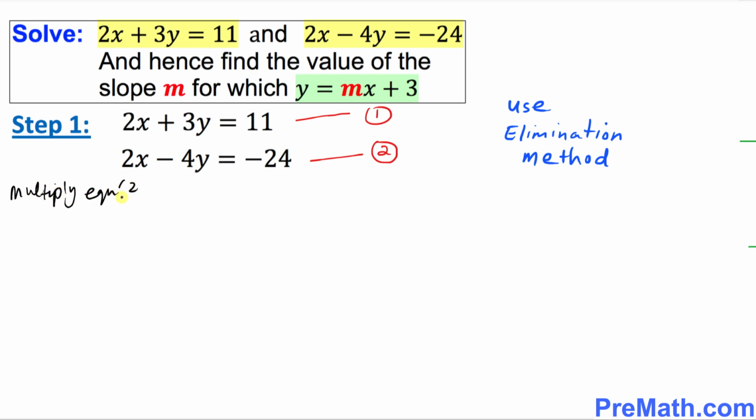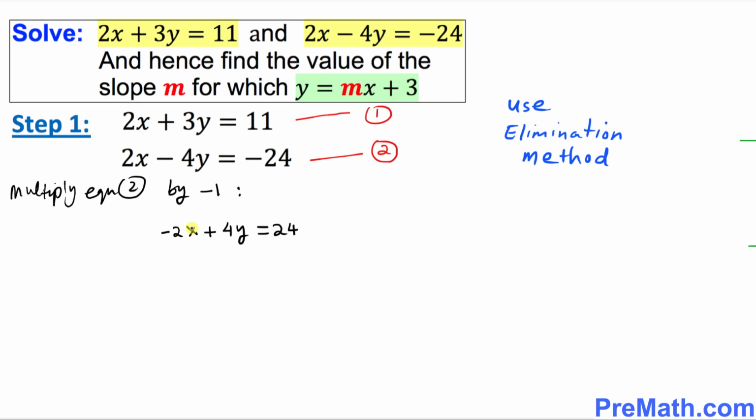So I can simply say multiply equation number 2 by -1. That means if I multiply this equation 2 by -1 across the board, I simply get -2x, and this becomes positive 4y equals 24.